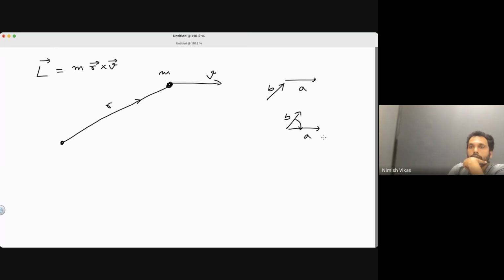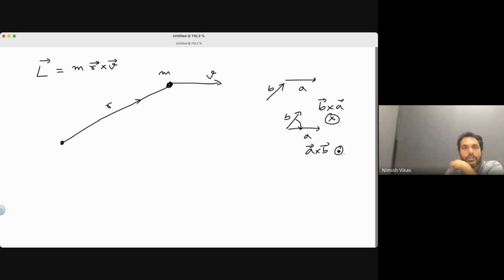So B cross A is going to come as inside the plane, wherein if you do A cross B, it comes out of the plane. So A cross B will have exactly the same magnitude as B cross A, but it will come out of the plane. I'm just recapping. This is not the agenda for today.